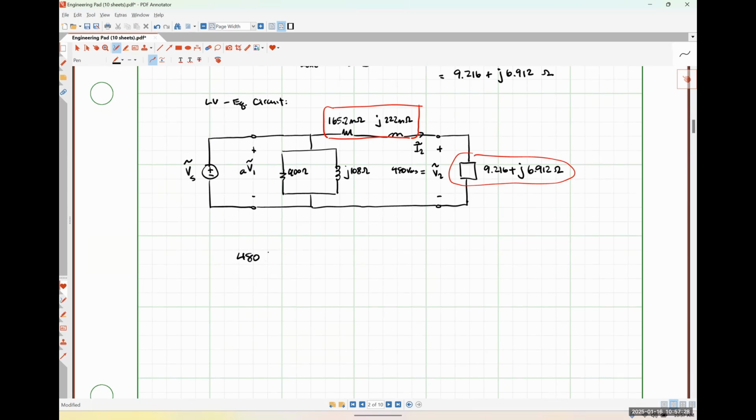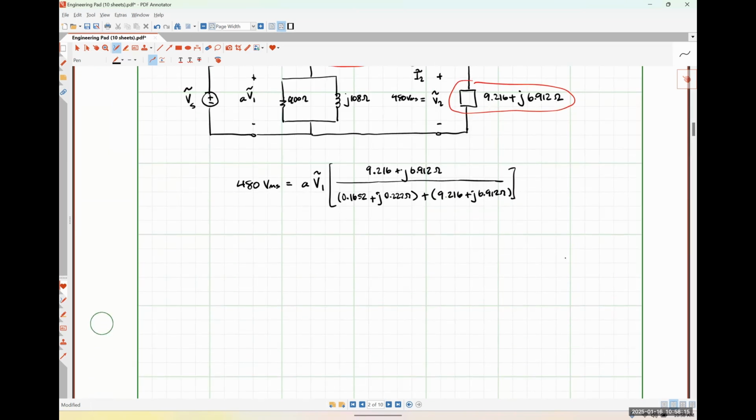We know that 480 volts RMS is A V1 times our load impedance 9.216 plus J 6.912 ohms divided by our series transformer impedance 0.1652 plus J 0.222 ohms plus our load impedance of 9.216 plus J 6.912 ohms.